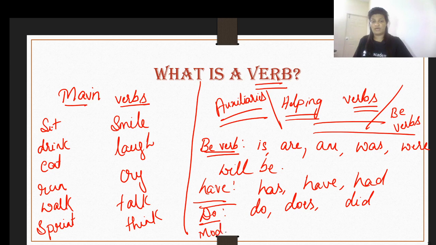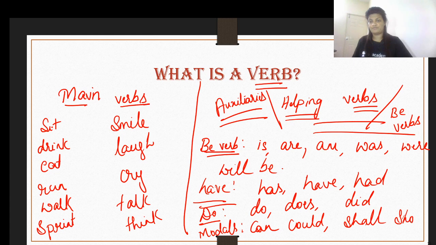And you also have modals like can, could, shall, should, may, might, etc. All these put together, we call them auxiliaries or helping verbs.